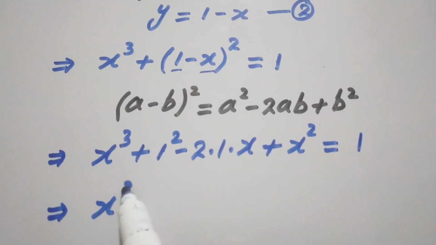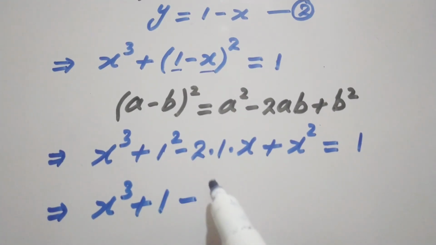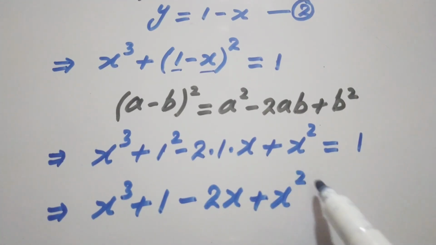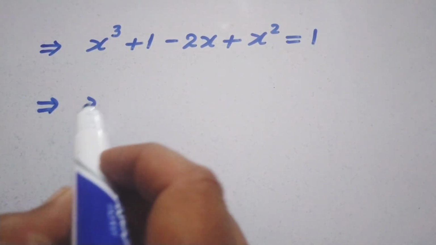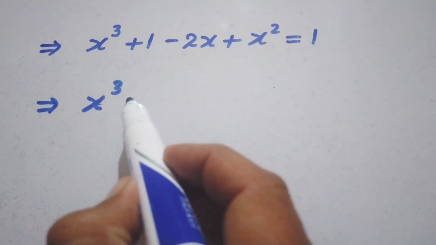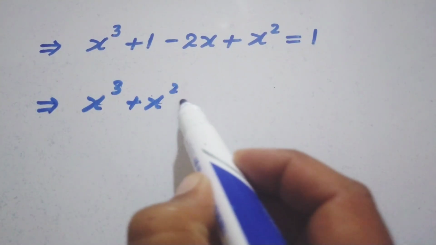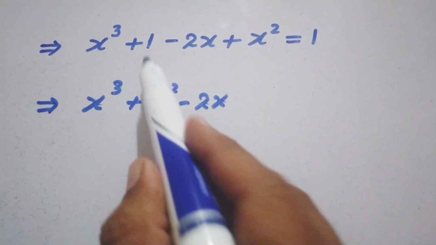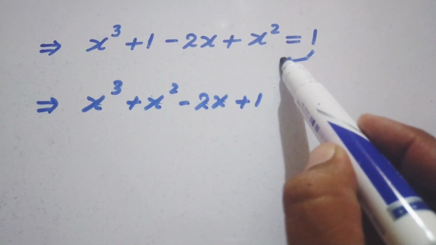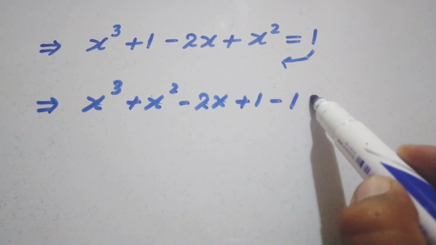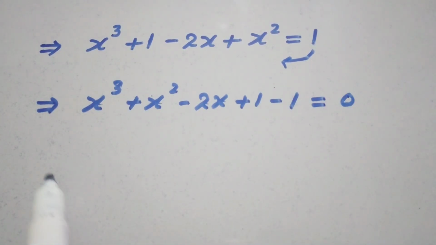Now x cube plus 1 squared which is 1 minus 2 multiplied by 1 gives us 2 into x plus x squared is equal to 1. Now this equation will become x cube plus x squared minus 2x plus 1, and by moving this 1 from right hand side to left hand side it will become negative 1 is equal to 0.